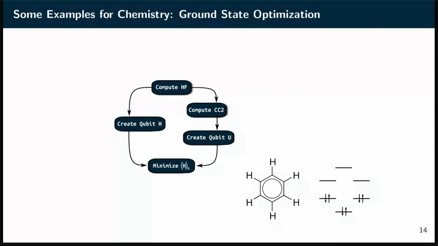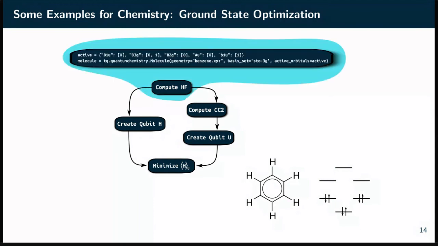And here it's now just an example of how you could solve this workflow with the benzene pi system. First you compute your Hartree-Fock, which is the mean field method that defines your original orbitals. We use the psi4 backend here.